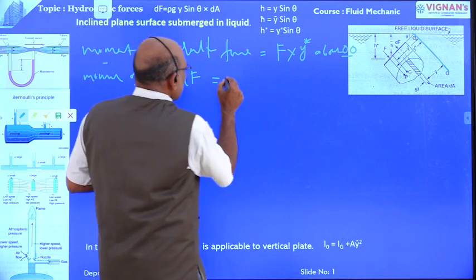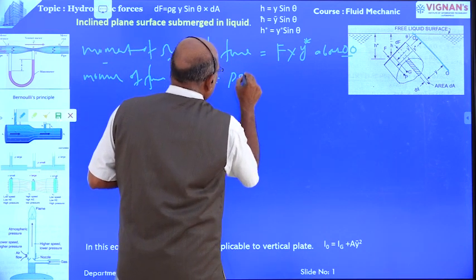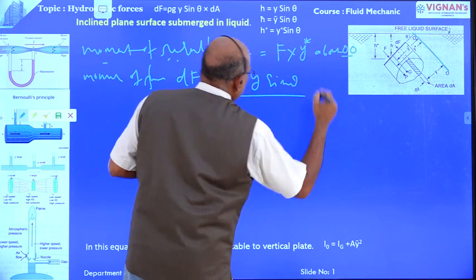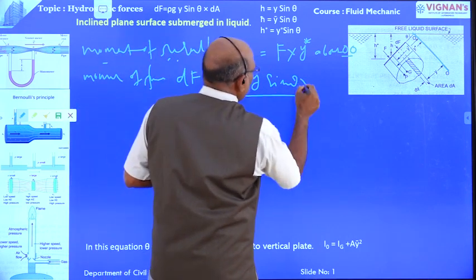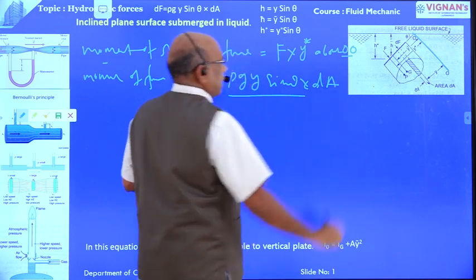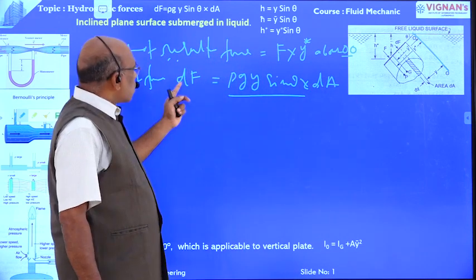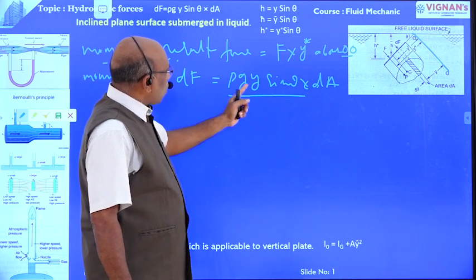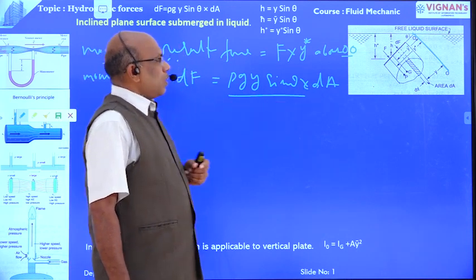What is the force? Stress into area. Stress is rho g y sine theta, and this stress into area dA gives the force dF, which is rho g y sine theta into dA.